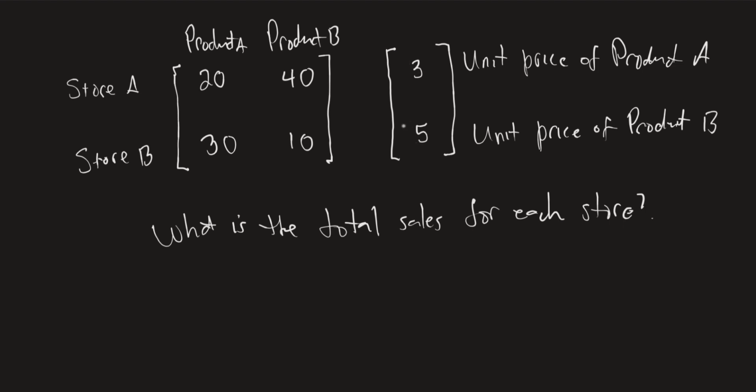So somehow it seems like we would need to do something like this. Now I've told you what the different things represent: stores this way, amount of product sold by each store that way, and then the unit price there for product A and there for product B.